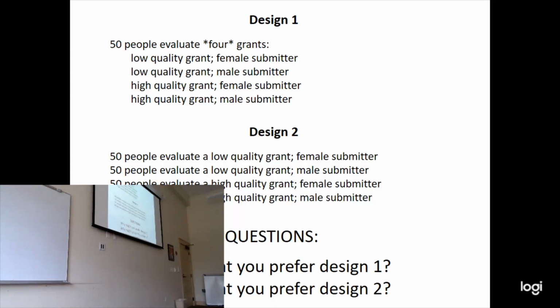So behavior early might be different from behavior late. But also, it could be that having an experience of creating, say, a low-quality grant could affect the experience of rating a high-quality grant. Suddenly, the high-quality grant looks a lot better, just by contrast from the low-quality grant.